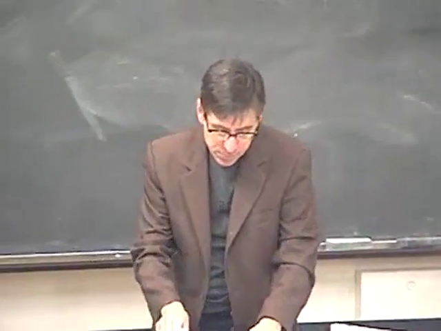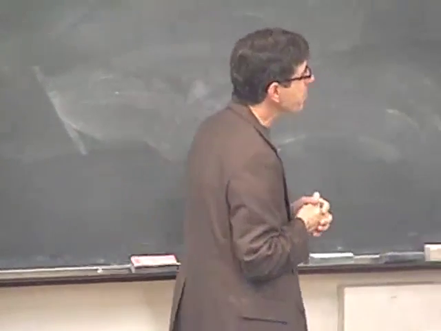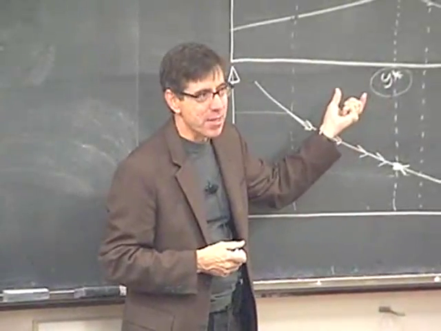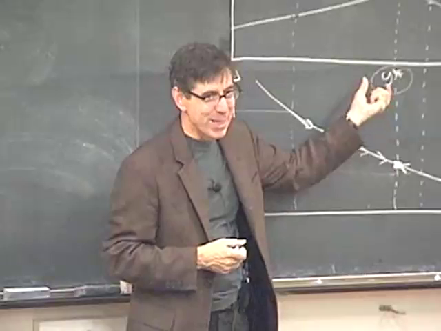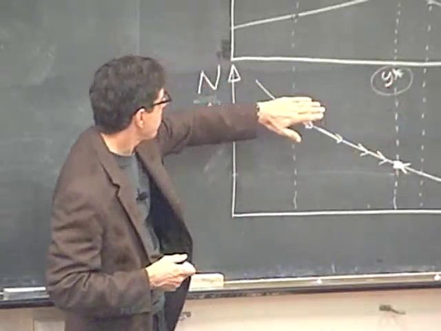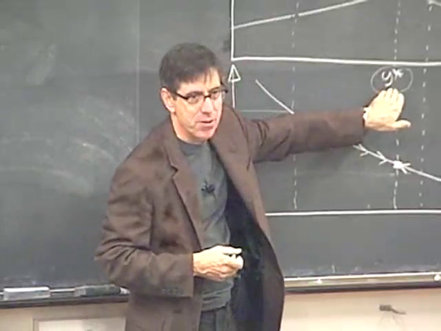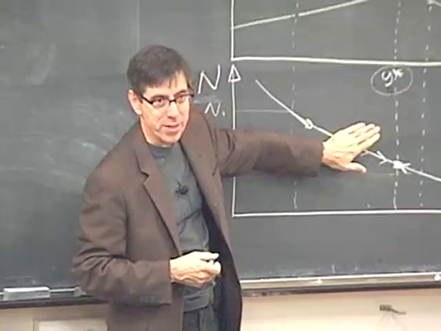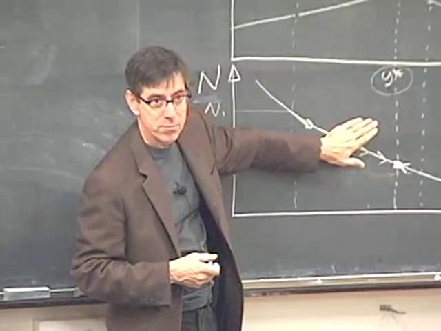What else do we learn from this model? Well, the next thing that we learn, and this is actually a very powerful and kind of stunning point, is that in determining living standards in this world, this curve here is irrelevant. Okay?